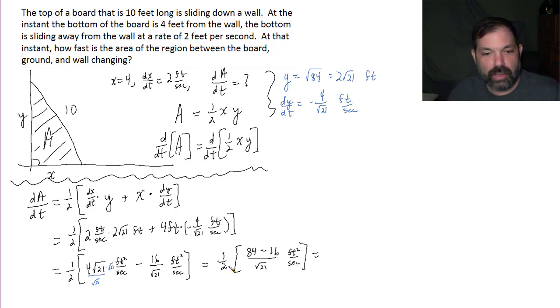So I've got 68, and then 1/2 of 68 is 34. So 34 over root 21 square feet per second.